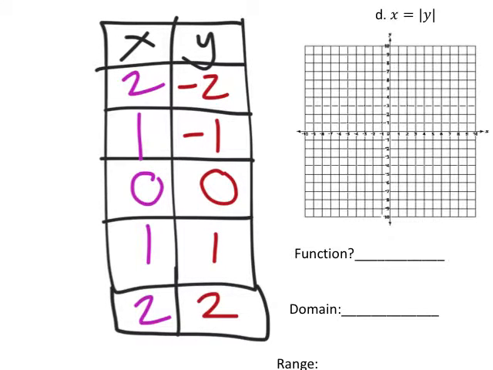So let's go ahead and graph these. And we can start with the origin. Here's our value. So when x is 1, it said that y is negative 1. And when x is 2, y is a negative 2. Likewise, when x is 1, we have y is a positive 1. And when x is 2, y is a positive 2 as well.